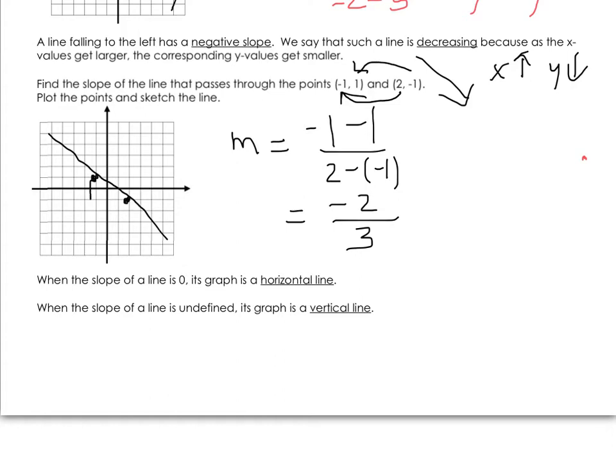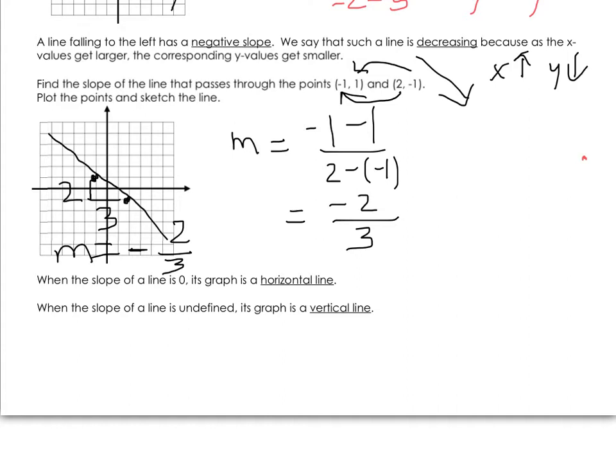The line is going downhill, it's decreasing, so we know that our slope is negative. We want the rise of 2 over the run of 3. So looking at the graph, we can also tell that our slope is negative 2/3.